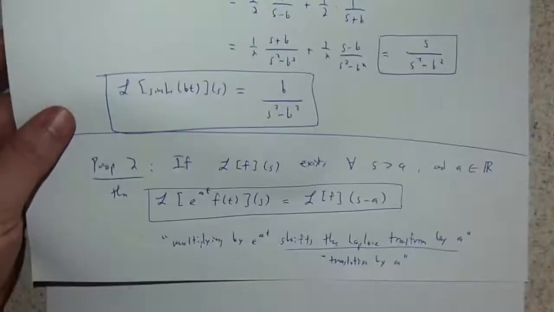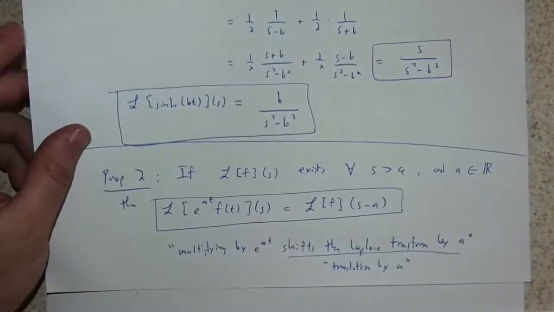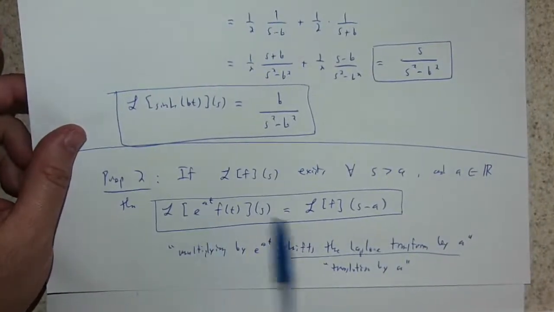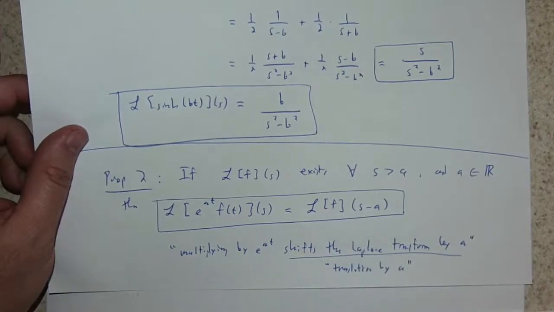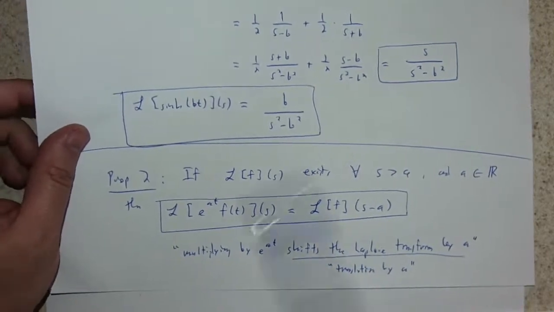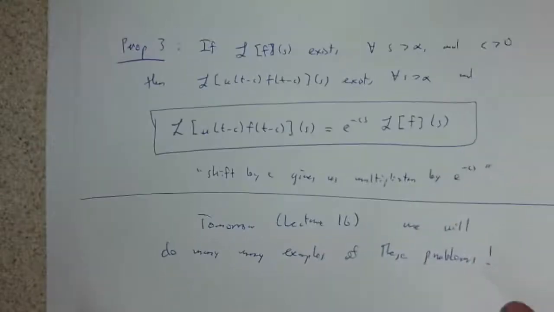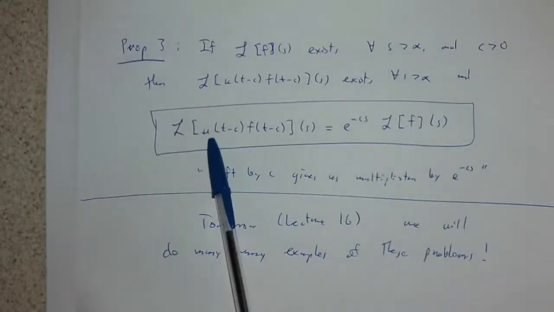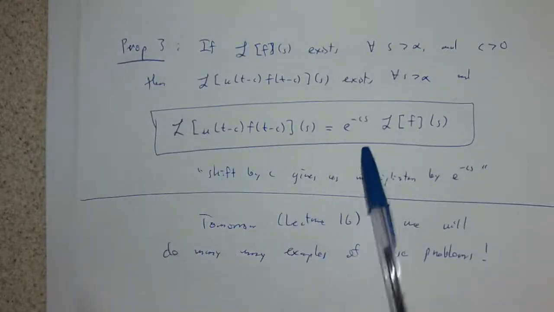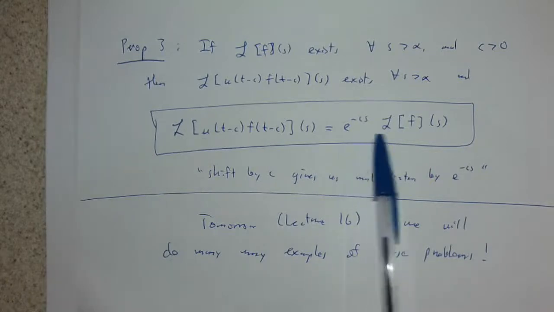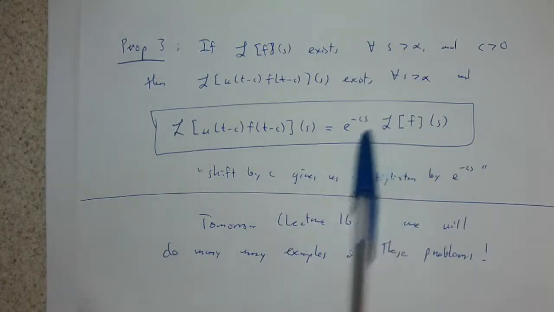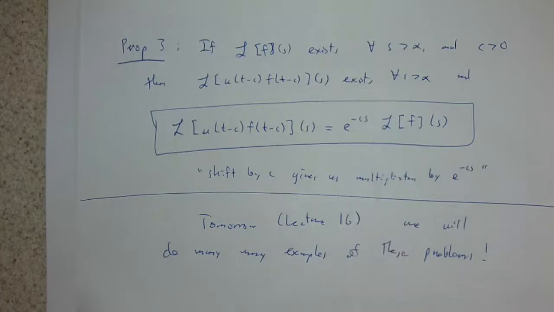Another, as we mentioned previously, is this fact about multiplying by exponentials leading to a shift in the Laplace transform. And then the opposite, right? Laplace transform of a shift in this sense, where we use the Heaviside function, leads to multiplying the Laplace transform by an exponential.